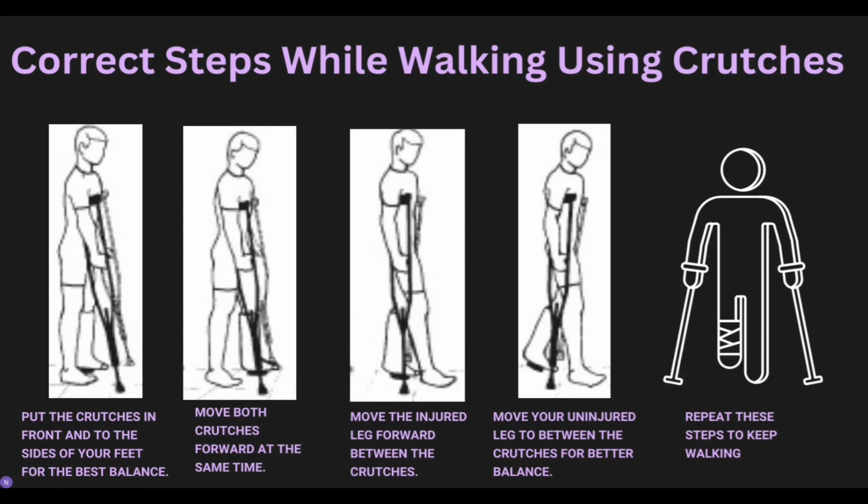In diagram 3, move the injured leg forward between the crutches. Gently squeeze each crutch into your ribs. Put weight through your hands and keep your elbows straight. Move your uninjured leg ahead of the crutches or to between the crutches for better balance. Repeat these steps to keep walking. Remember not to lean on the crutch top.